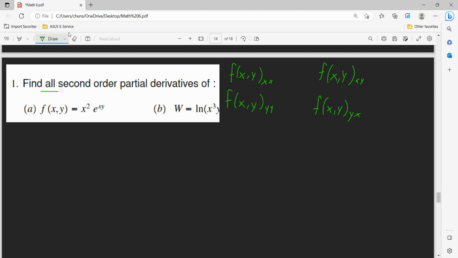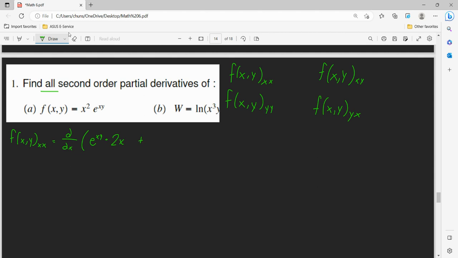Okay, so in our first case, let's do with x, then x. So then we start with x here. So this is going to be product rule. So we're going to start by taking our second and not changing it, multiplied by the derivative of our first one.